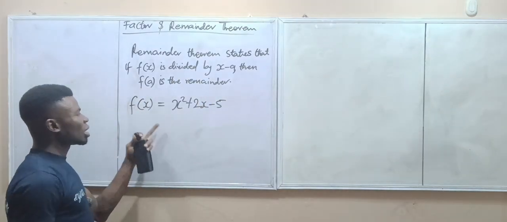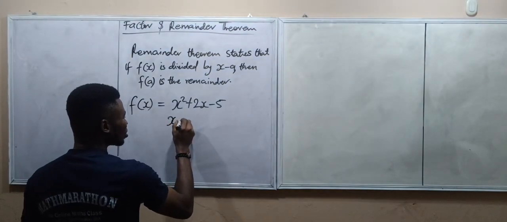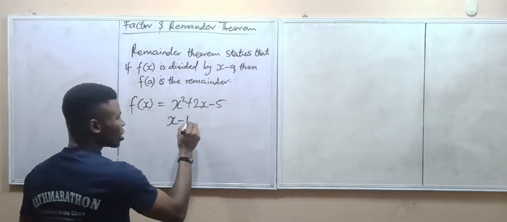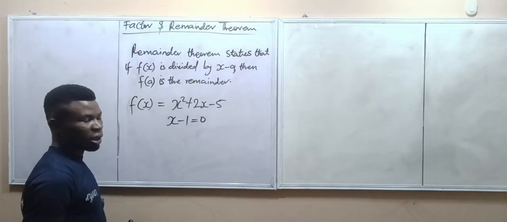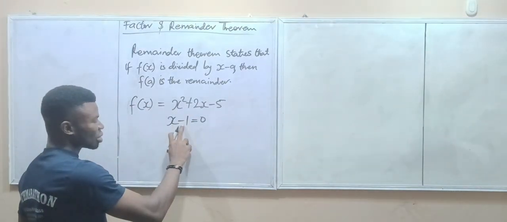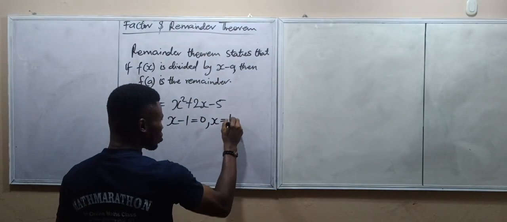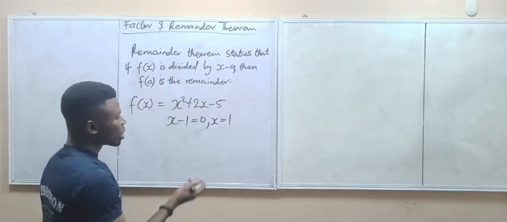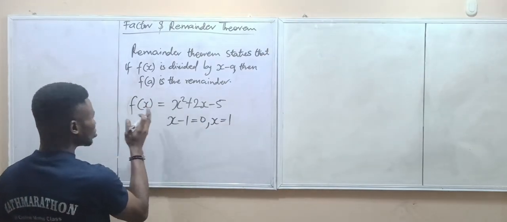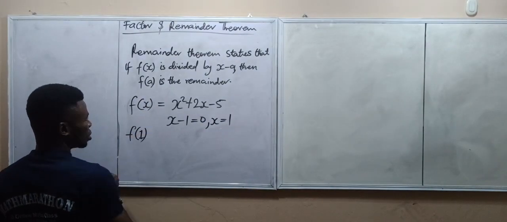Now this polynomial is now a function of x, and then the divisor, x minus 1, we equate it to 0, right? And then from here now, we notice that if we take this minus 1 to the other side, x now becomes 1, right?